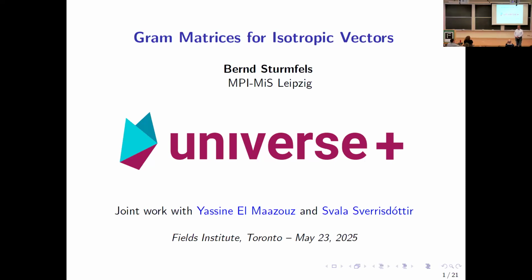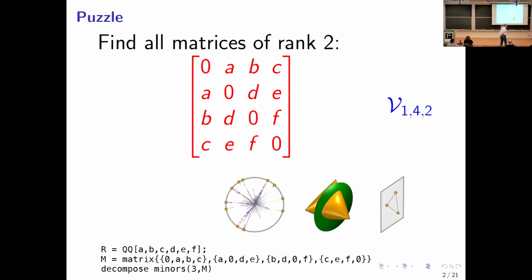The second half I'll actually tell you about physics and the motivation for this work. And I'm going to make good on the promise that this is sort of commutative algebra in the sciences. So you don't need to understand the physics that's behind it, but I just want to give you the spirit of how you can take something from the outside world and turn it into commutative algebra. There was some stuff that the cosmologists did, and we turned it into ideals and so on. Okay, but let me start with the puzzle.